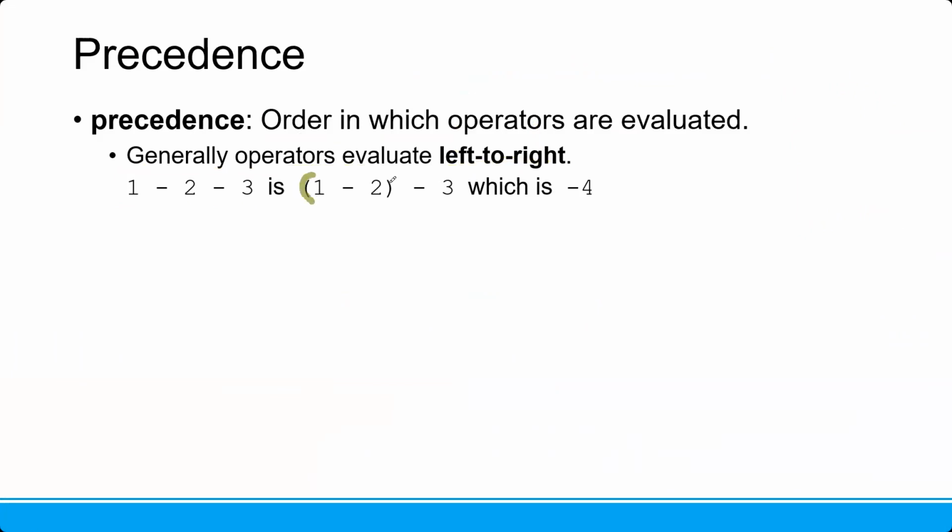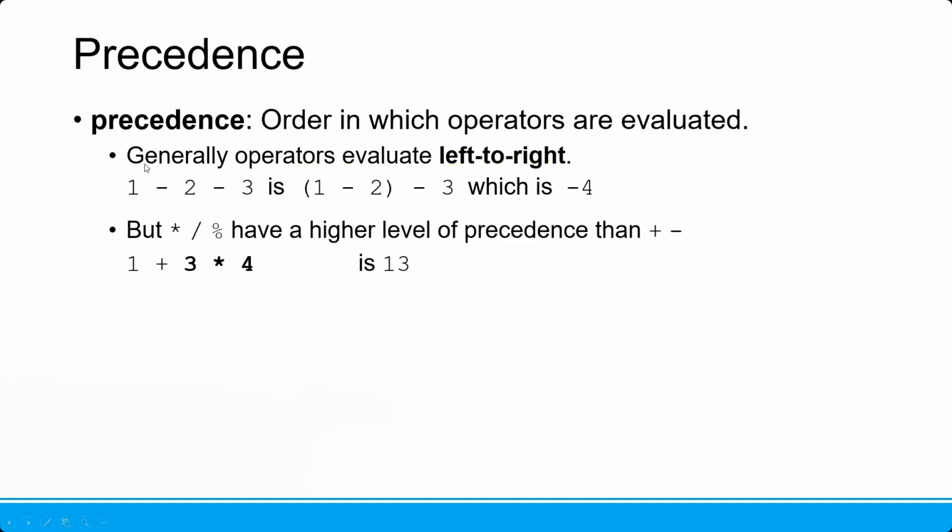What if I put parentheses like this? It is okay. But if we have multiply, division, or remainder, for example 1 plus 3 multiplied by 4, why is it 13?